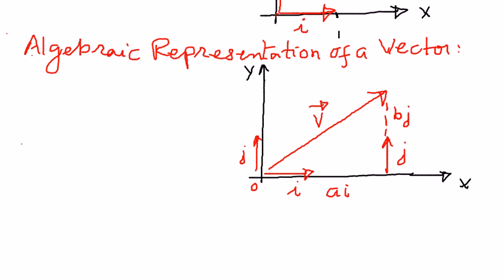So therefore, the way I can write this is vector v can be written as ai plus bj. Let me explain this some more.